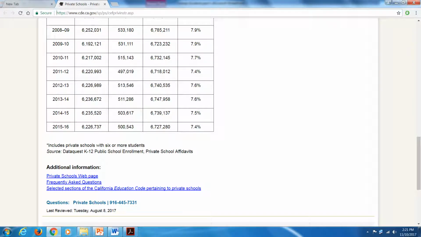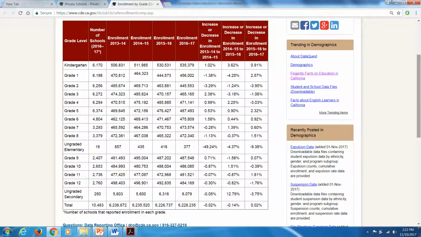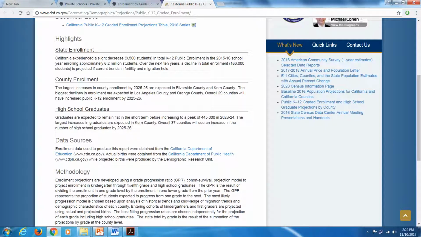In 2015-16, we had around 7.5% going to private schools. And this slide again shows a number. Now let's go to how much we are spending on educating these kids.